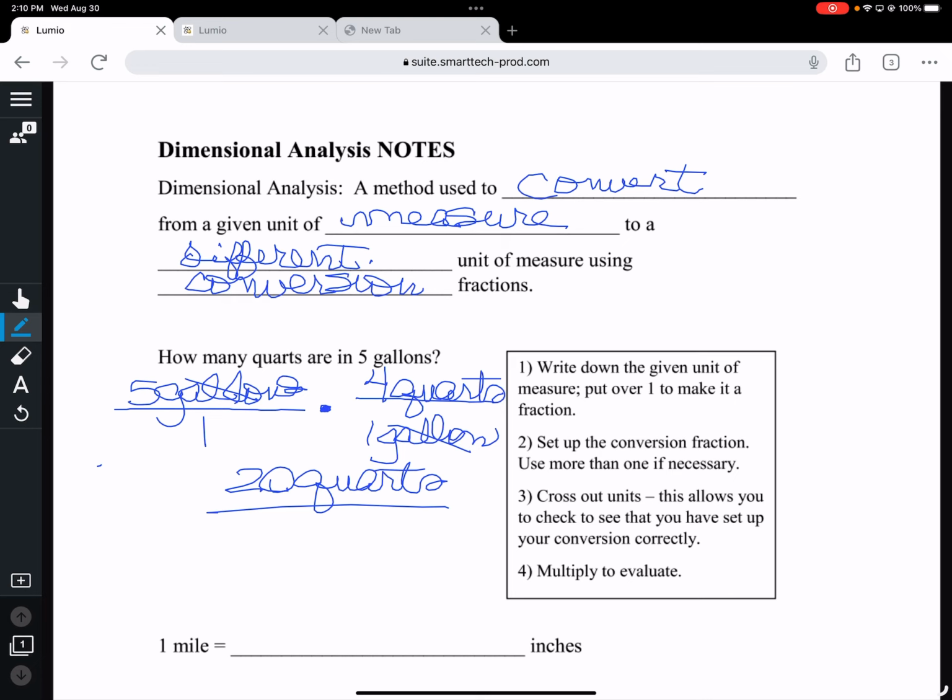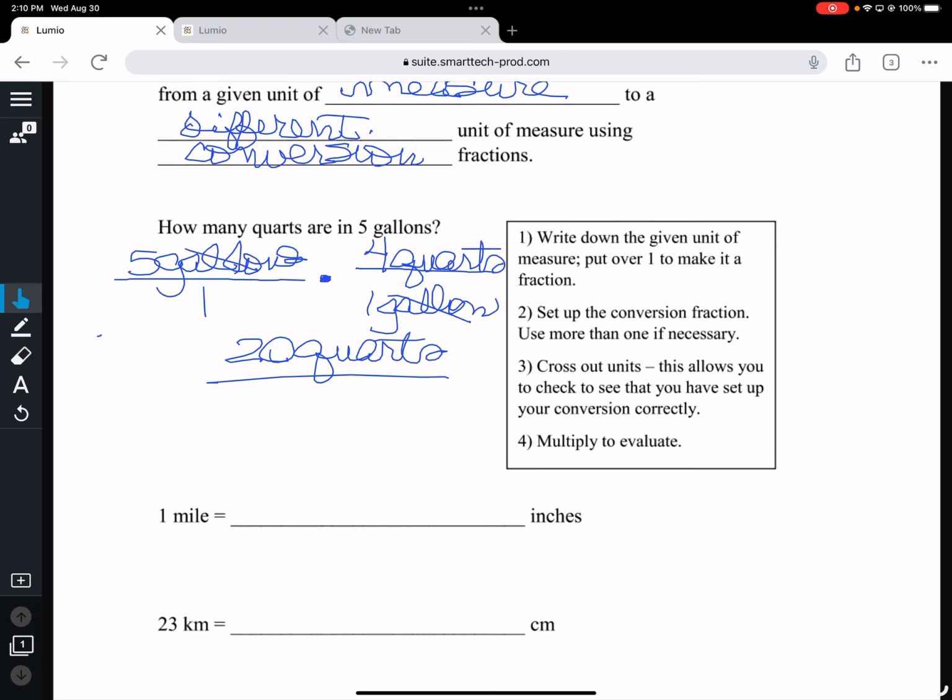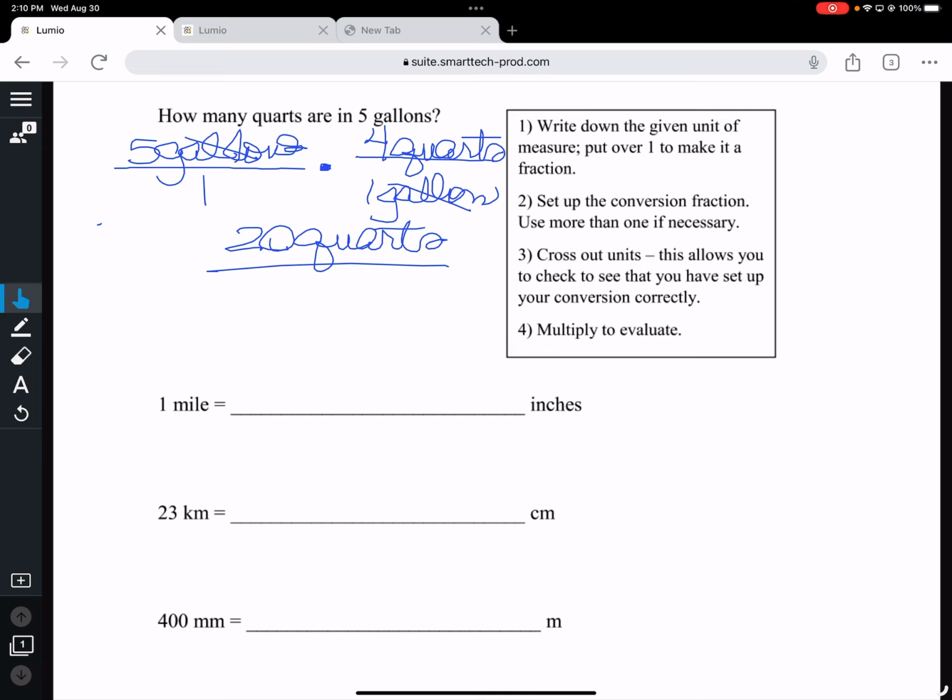We're going to look at miles. 1 mile is how many inches? On our sheet for conversion, mile is at the top. What are we told? 1 mile equals 5,280 feet.